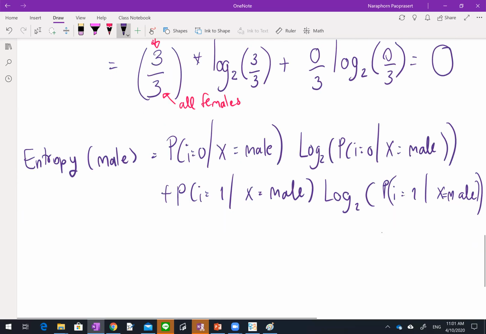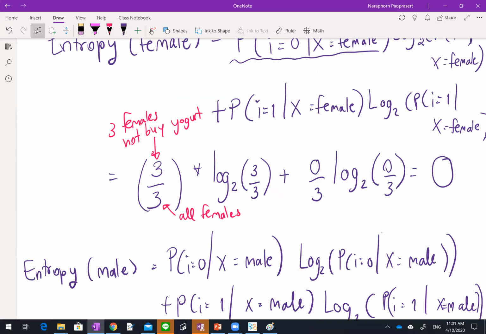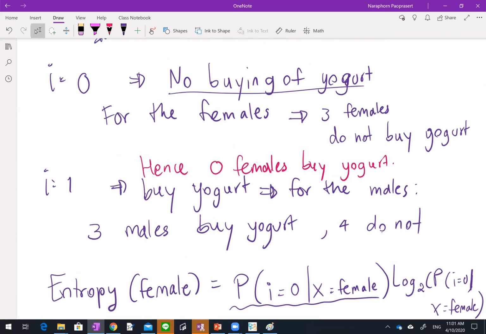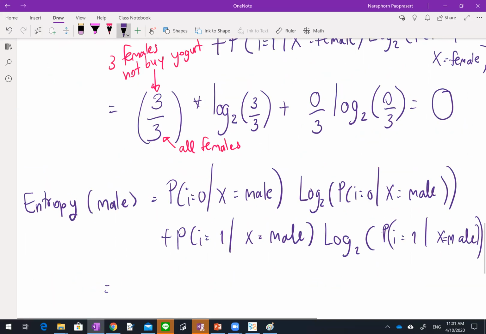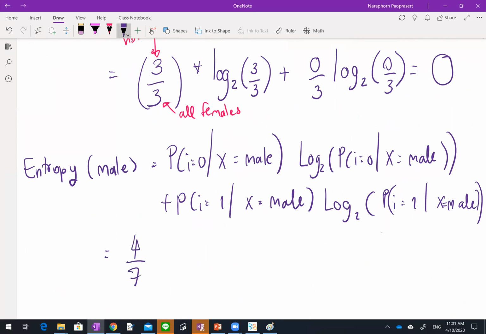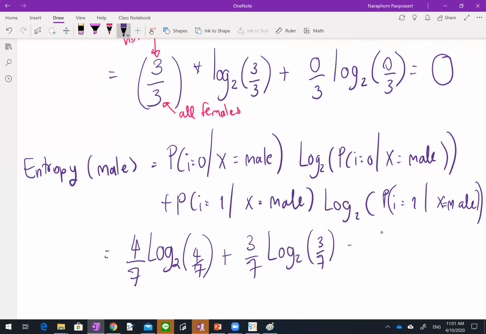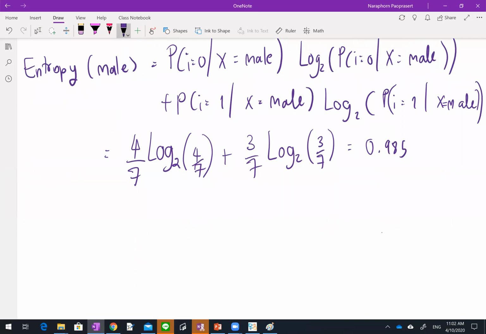In this case, the number of males who do not buy yogurt is 4, so this is 4 divided by 7 times log 2 of 4 divided by 7, plus 3 divided by 7 times log 2 of 3 divided by 7. Okay, so I have 0.985.